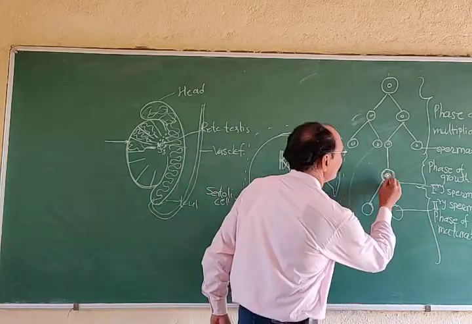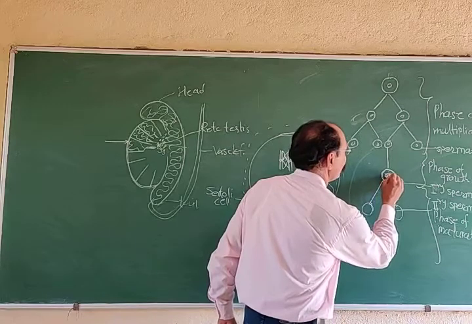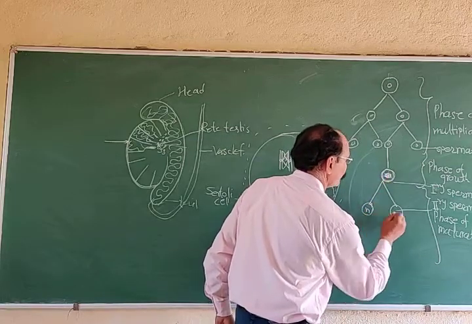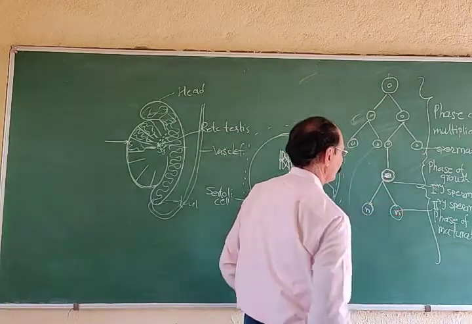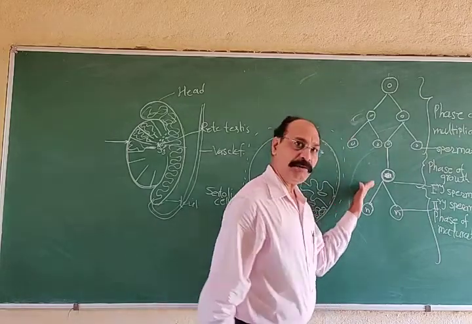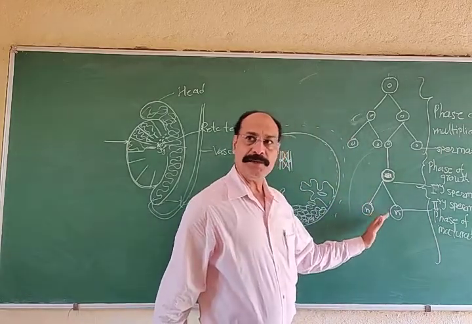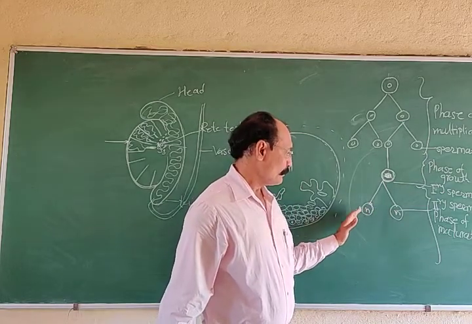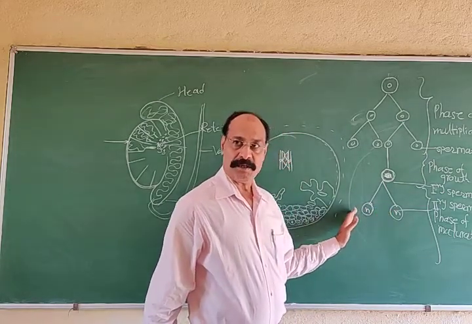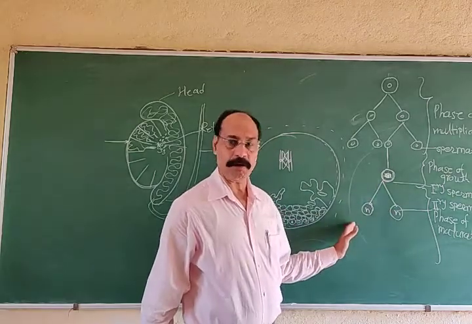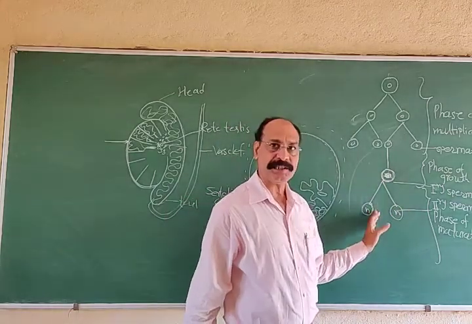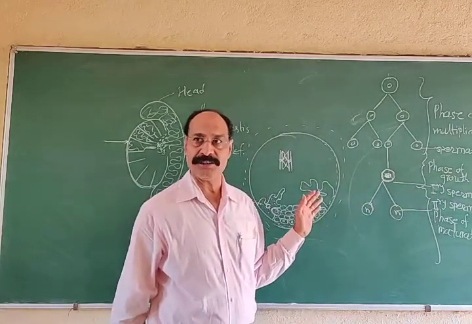Now here it is the 2n cell, and due to the meiotic division, the number of chromosomes is reduced, and the chromosomes are n in number. That is, haploid cells are formed. So the secondary spermatocytes are haploid in nature.